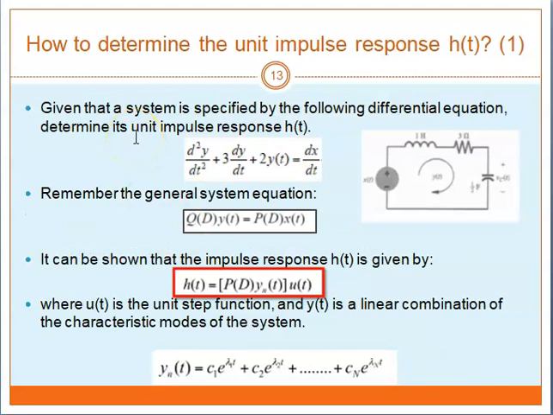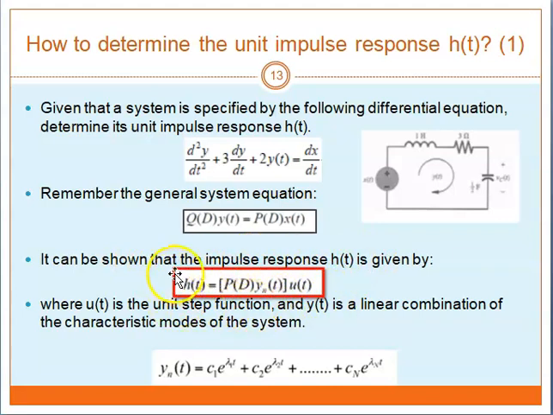Now, how are you going to determine the unit impulse response h(t)? Usually the question we ask you is to find out the unit impulse response for the given equation. So one extra step that you have to do for the unit impulse response is that you have to apply the impulse response h(t), which is given by this red box over here.